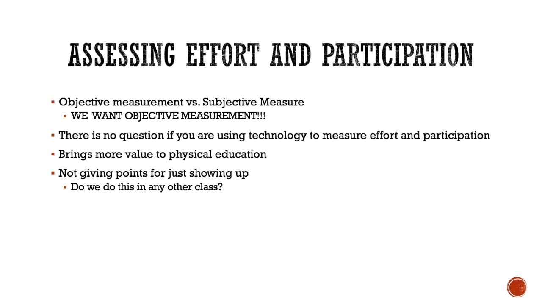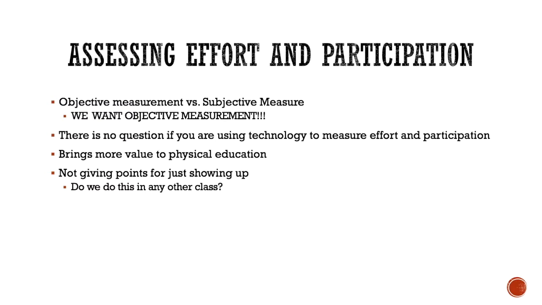I think it's a really good thing to use pedometers or heart rate monitors in your class because you're able to objectively measure your students. Subjective measure means that you're looking at them and guessing what their participation is, but there's no mistake with objective measurement. With heart rate monitors, we're able to actually tell how much effort students are giving towards a particular activity.